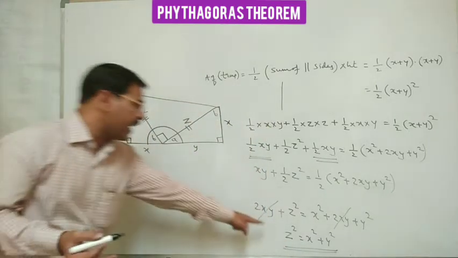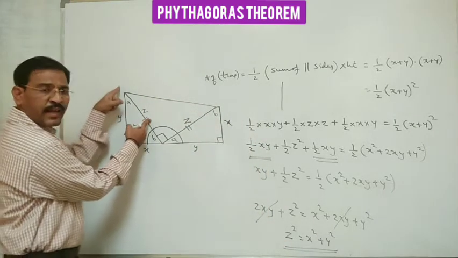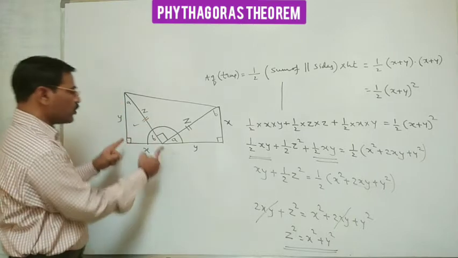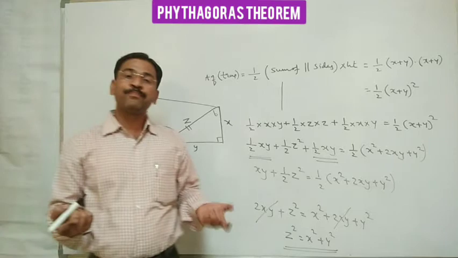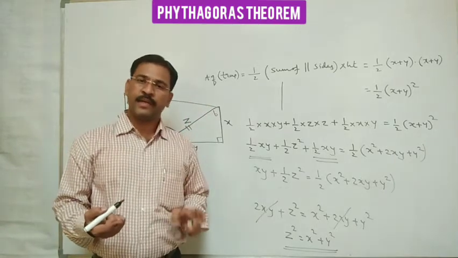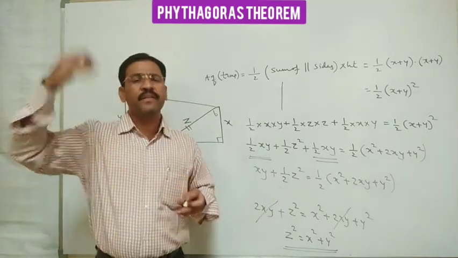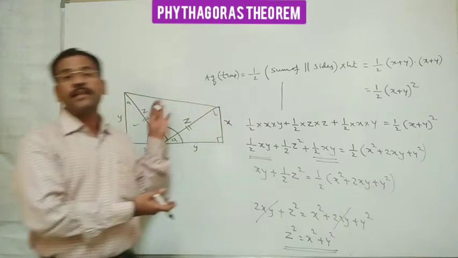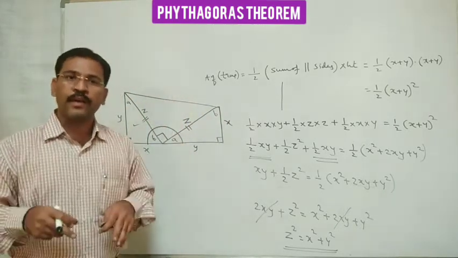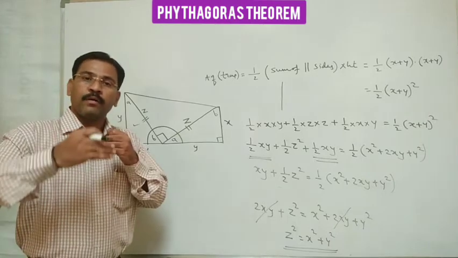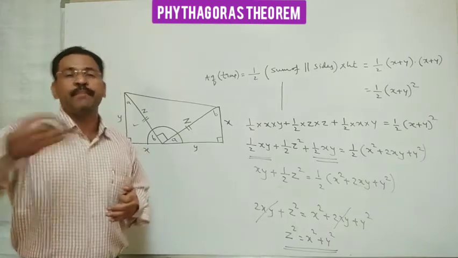What is this z? This is the hypotenuse, which is equal to x square plus y square. Like this, we can verify the Pythagoras theorem. Understand? So there are some different methods here; these are the two methods. But actually we have to prove in this topic by a step-by-step procedure.